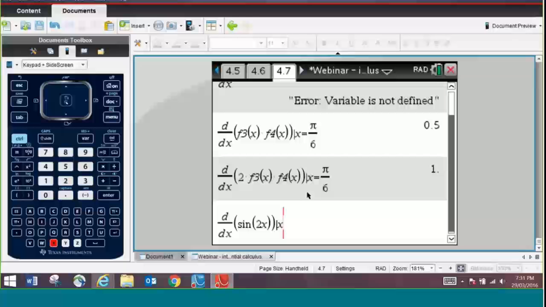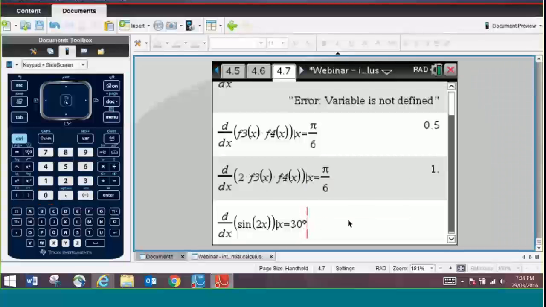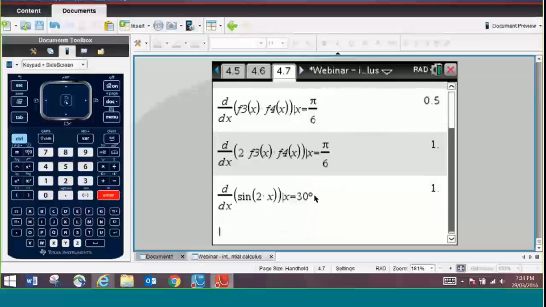And just because we can, it is in radian mode, but when we do have an angle given to us in degrees, we can still use the degree mode so long as you actually enter it in degrees, and it will know to convert it to radians because that's the mode that the calculator is in.